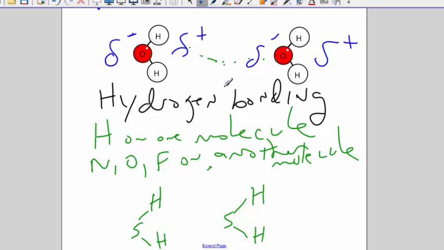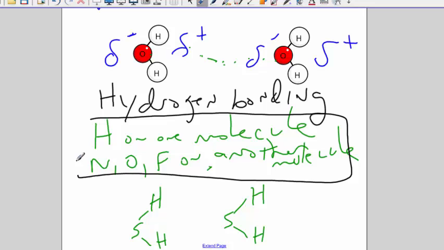Now, be careful, because hydrogen bonding really does have a very specific definition. It's a bond between hydrogen on one molecule and an N, an O, or an F on another molecule. Sometimes people think anytime hydrogen is around, it's always a hydrogen bond. But that's not true. It's this very specific definition.